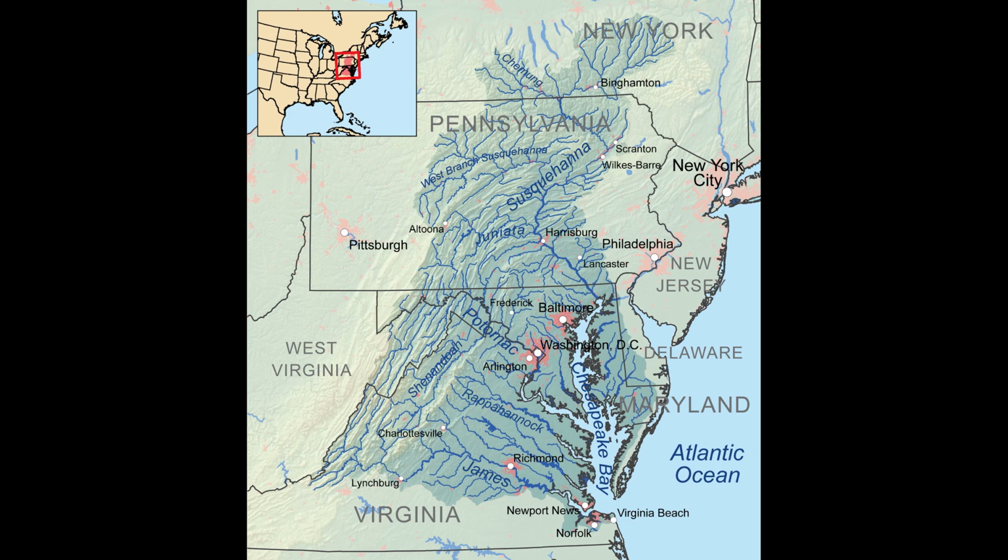This brackish water is a result of mixing the fresh water from over 150 rivers and streams with the seawater from the Atlantic Ocean. The rivers that flow into the Chesapeake Bay come from 6 different states.